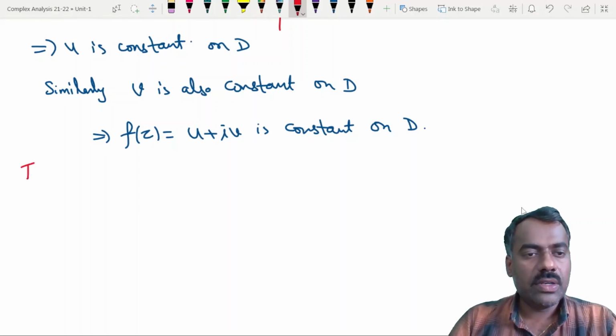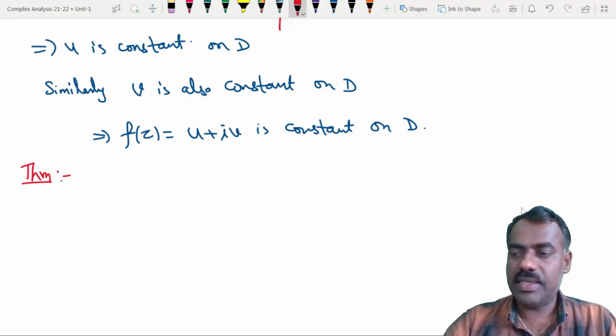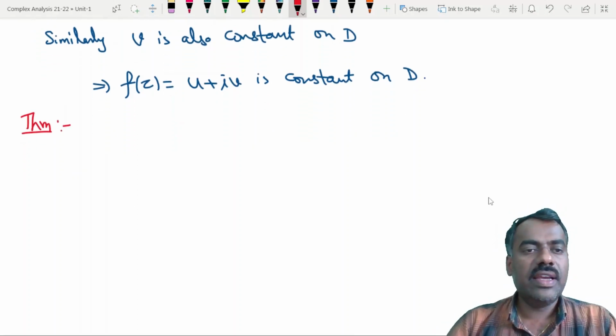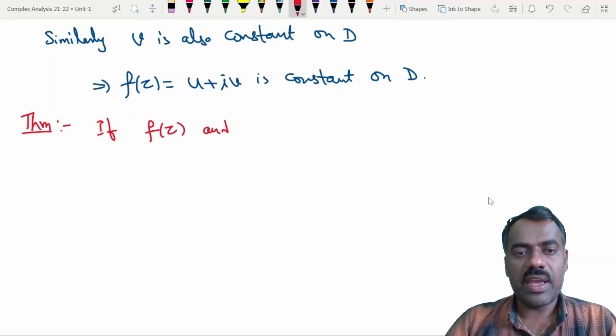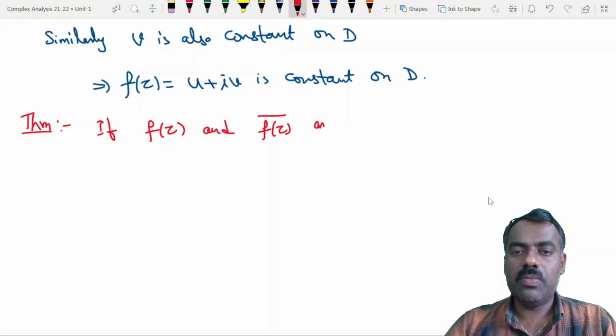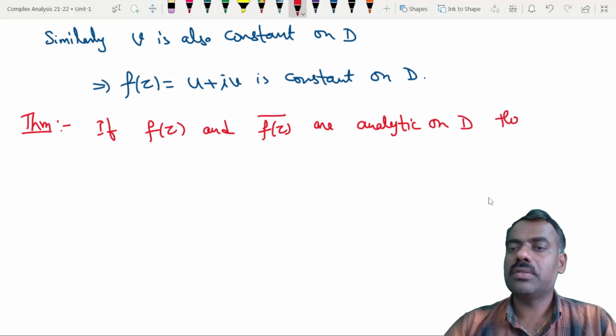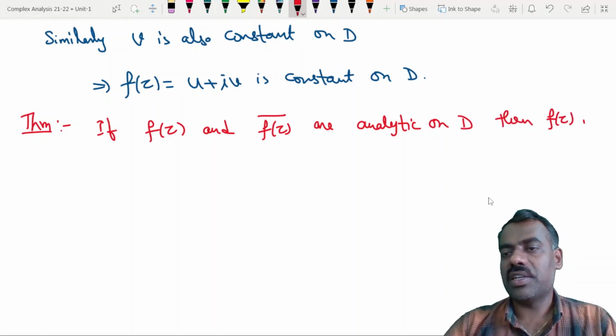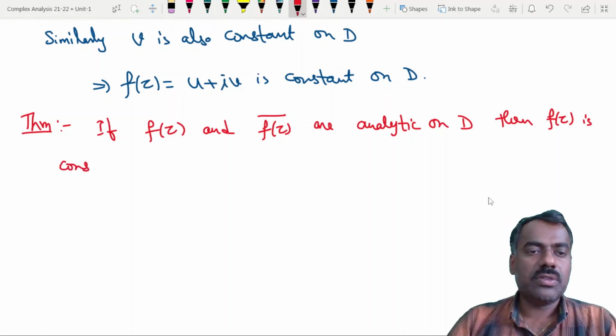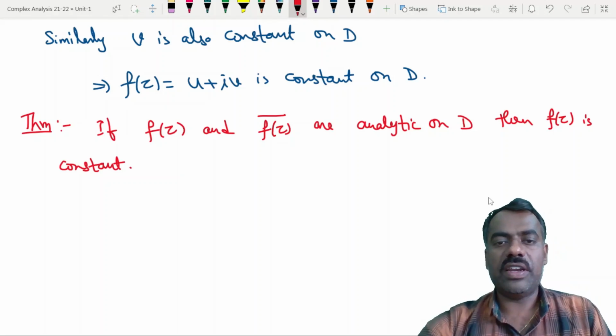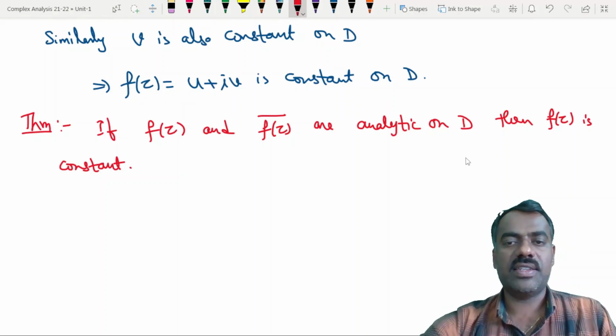As an application, we can see another interesting result, which says that if f of z and f bar of z, the conjugate of f of z, are both analytic on D, then f of z is constant. So the only function for which f and f bar are both analytic is the constant function.